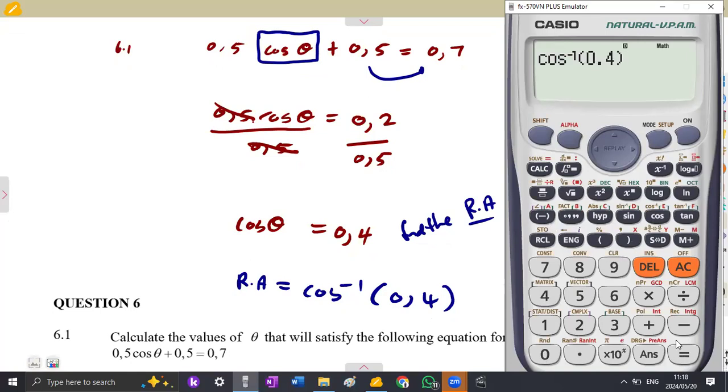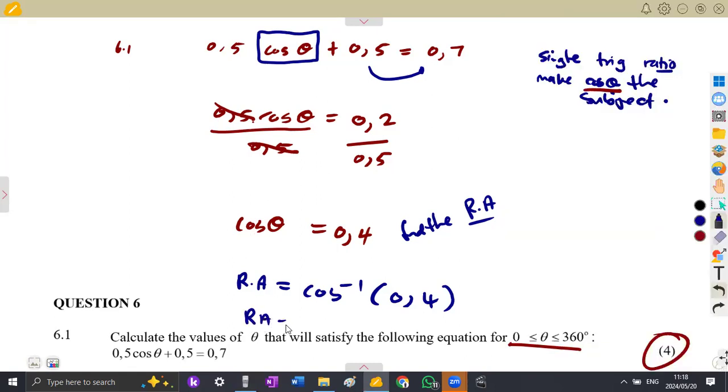So you're going to have 66.42. Depending on the question, maybe you're asked for 3 decimal places, so it is best that you use shift, fix, 3 decimal places, which will give 66.422. So that is the reference angle.